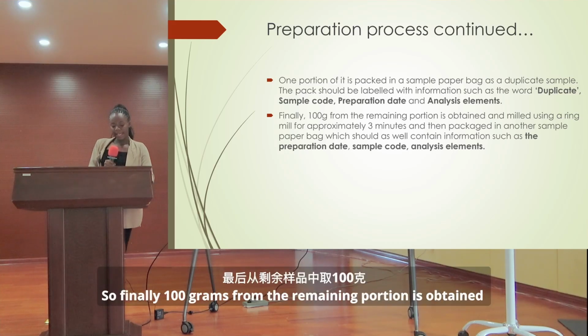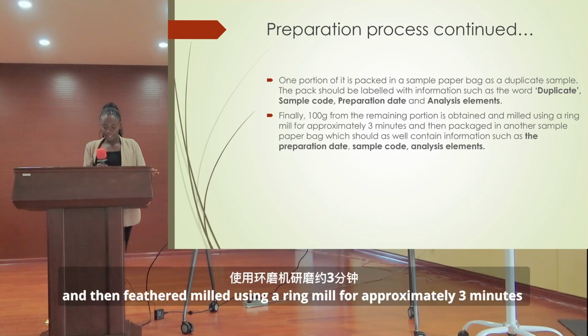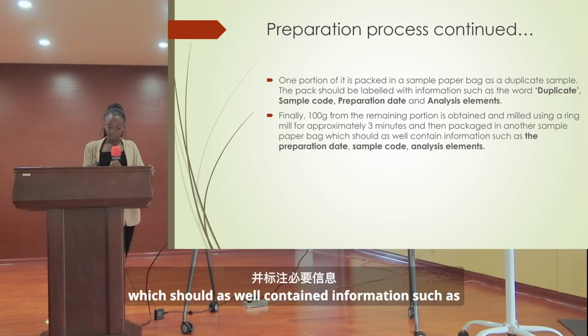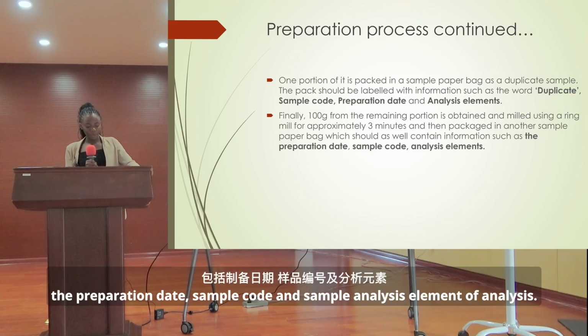Finally, 100 grams from the remaining portion is obtained and then further milled using a ring mill for approximately 3 minutes and then packaged in another sample paper bag, which should also contain information such as the preparation date, the sample code, and analysis elements.